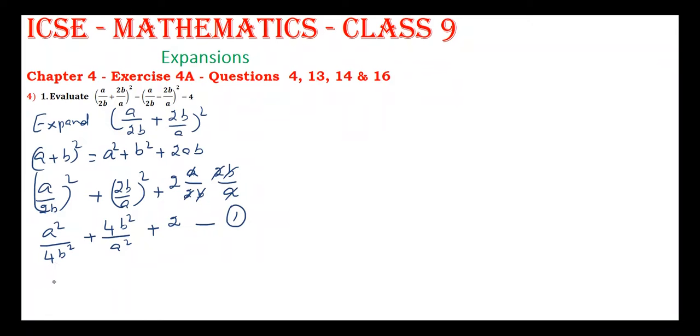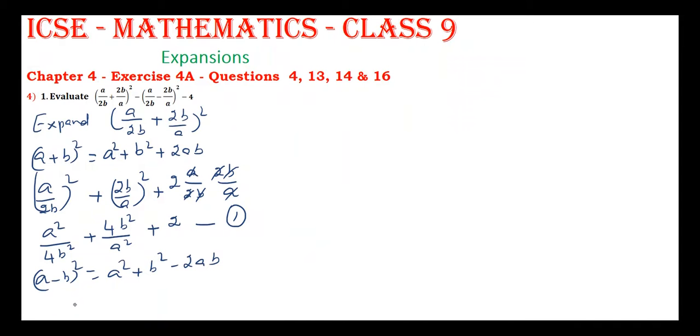Now we can take the second one, which is (a−b)². We know the formula: (a−b)² equals a² + b² − 2ab.